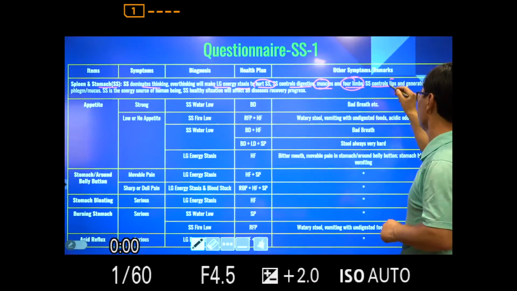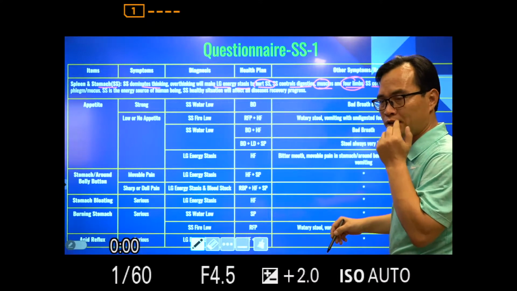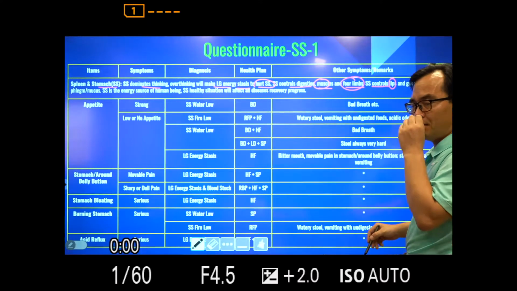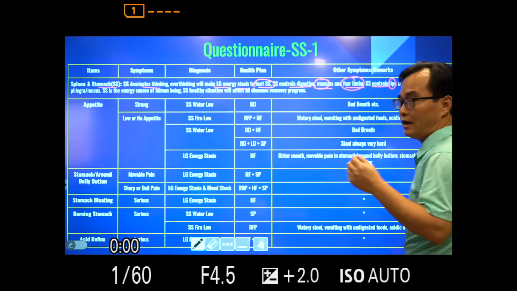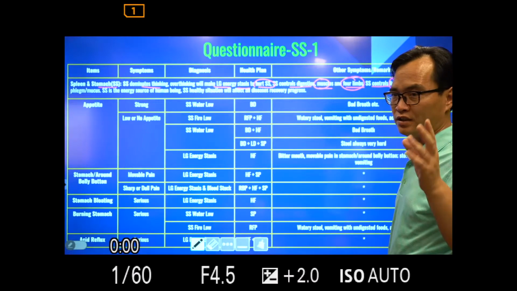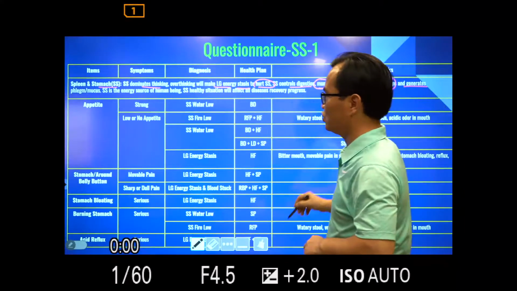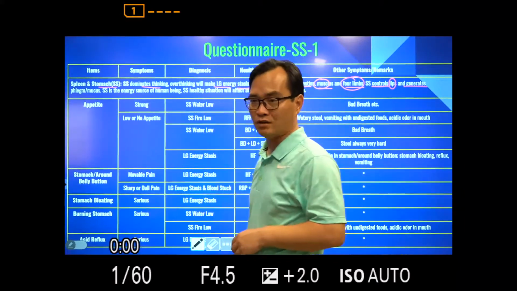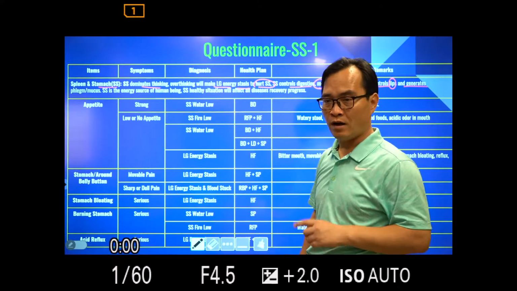The lips are also connected with the SS system, and if your lips are very dry, that means your SS system's water intake is generally low. It also generates the phlegm and mucus, because phlegm and mucus originally come from the SS system.